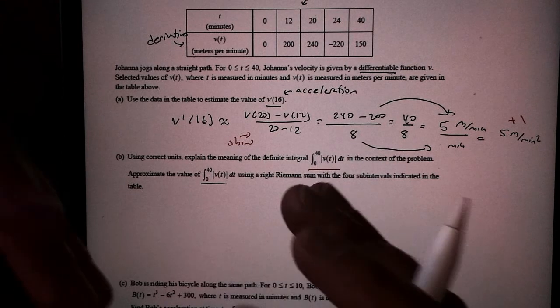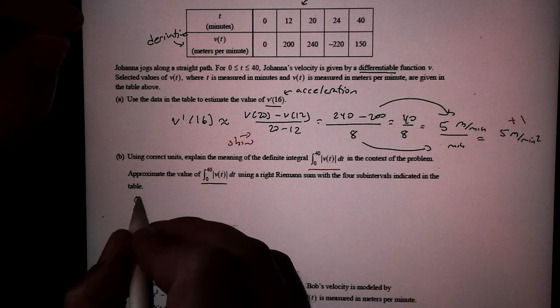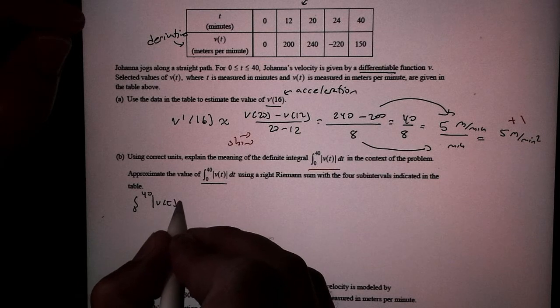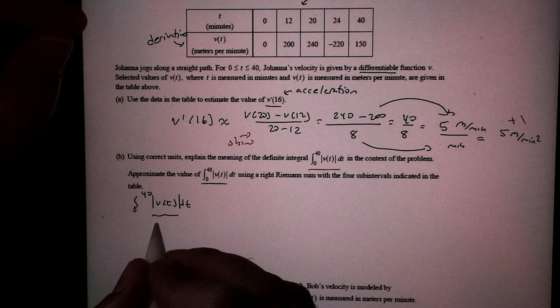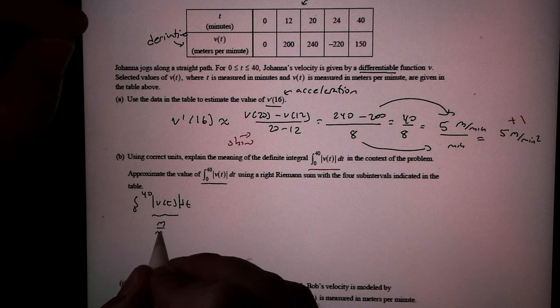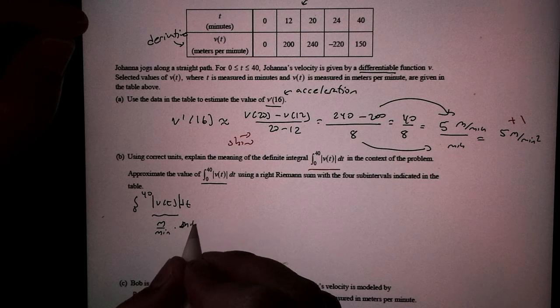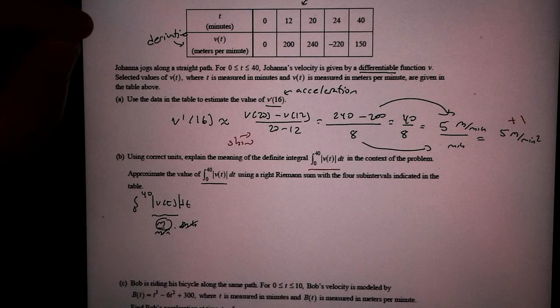So let's talk about what the meaning of the integral is first of all. The integral from 0 to 40 of the absolute value of velocity dt. So if we think of units, my velocity is meters per minute, dt is in minutes. So this is going to give me a distance, the distance that we travel.